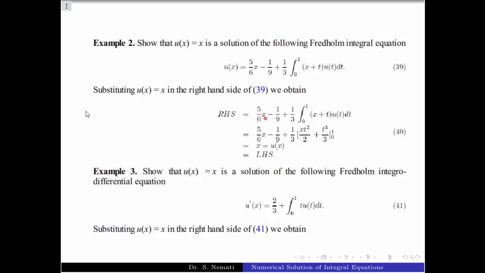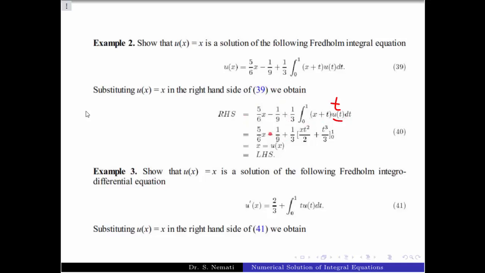So we have 5 over 6 times x minus 1 over 9 plus 1 over 3 times the integral of x plus t. Here, instead of u of t, we should replace t. dt from 0 to 1.